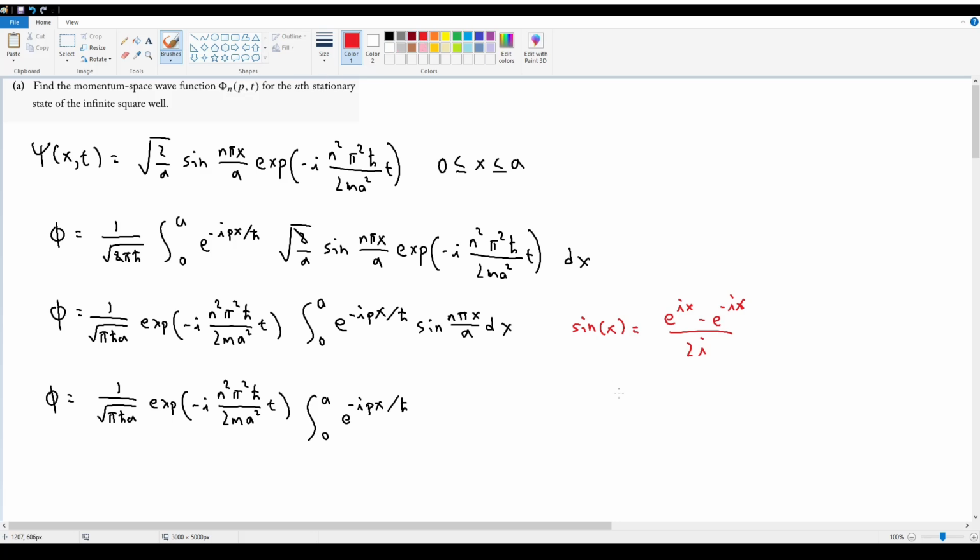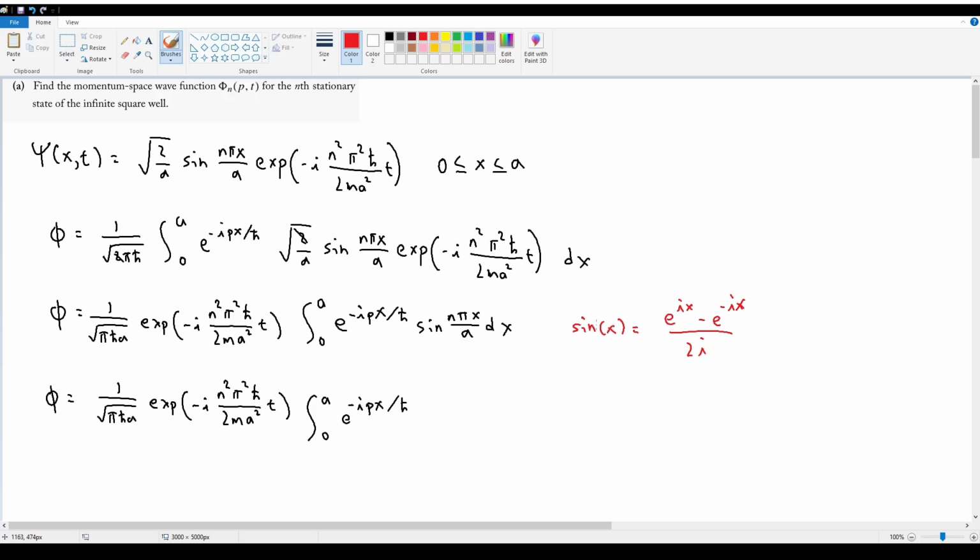And then this implies that 2i sine x is equal to e to the ix minus e to the negative ix, right? I'm sorry, it's not really a point for me to convert that because I'm not converting the opposite way.